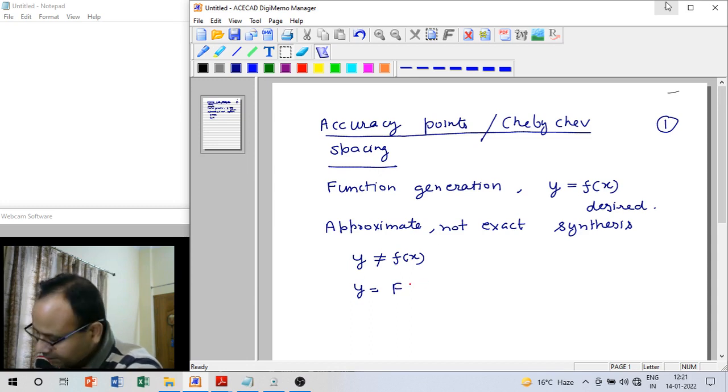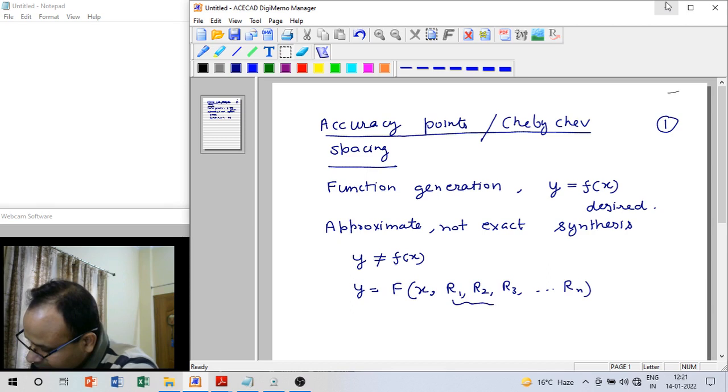So I'm writing it as y. This is the output that we are going to get. It will be a function of x, our input, and along with that the design parameters we have. Let us say we have n design parameters, so we can write them as r1, r2, r3 up to rn. These are our design parameters.